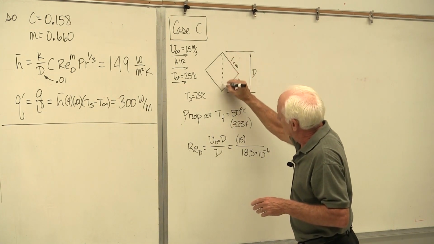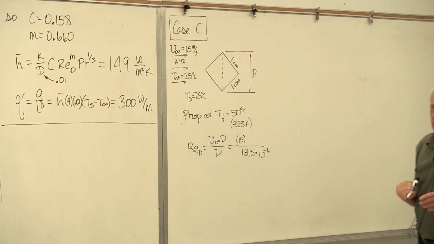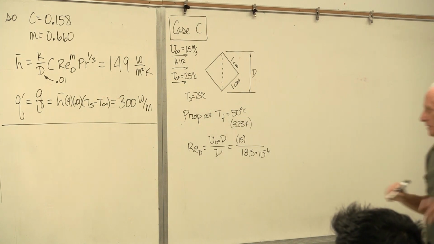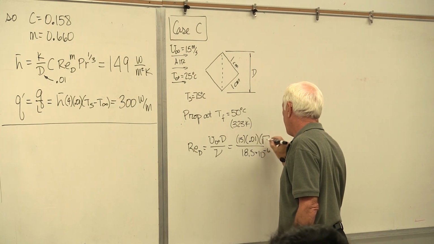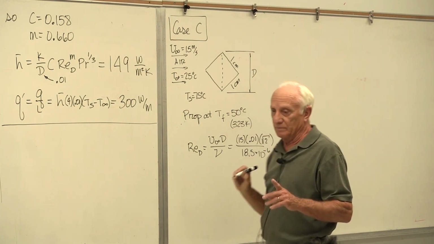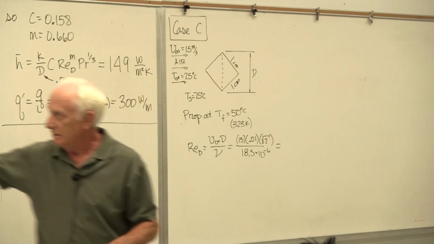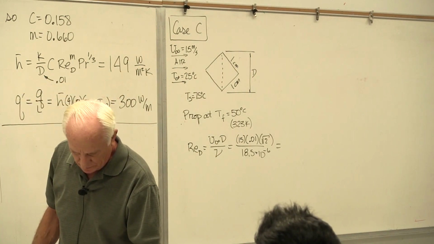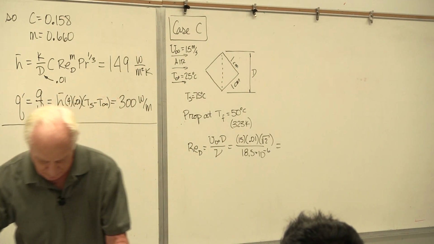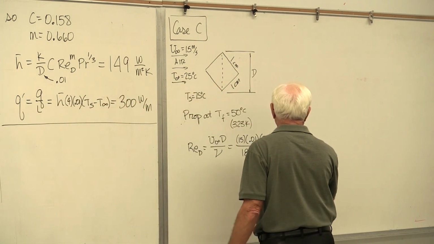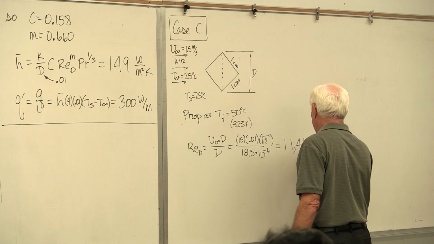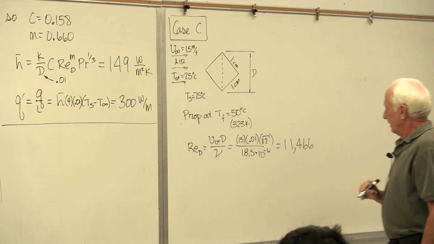The hypotenuse of a right triangle. 1 centimeter times square root 2. New Reynolds number now. It's no longer 8108. The new Reynolds number, 11466. Okay.